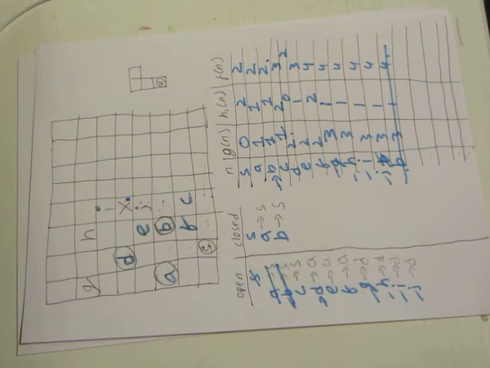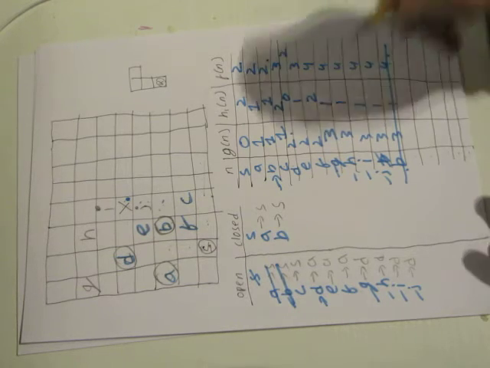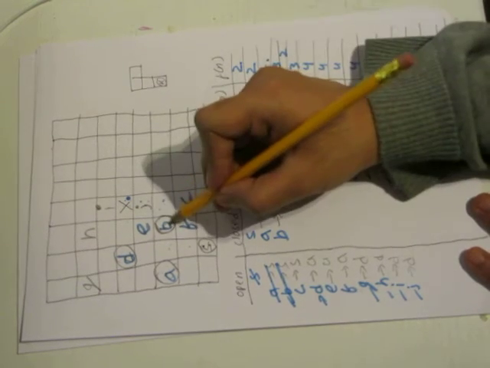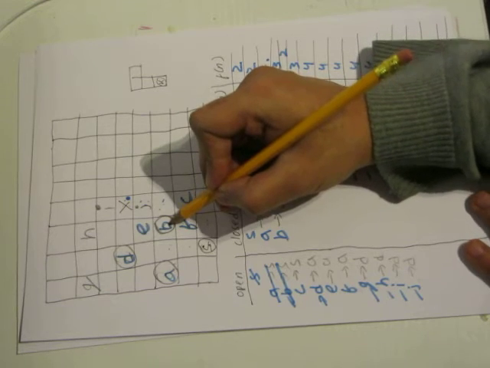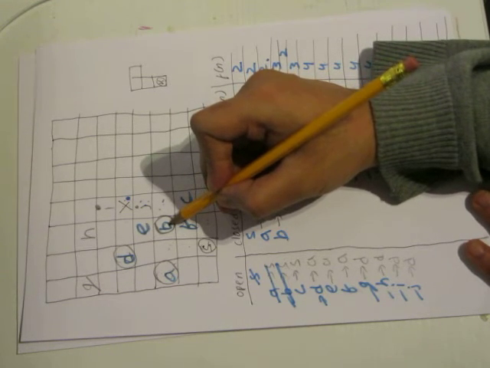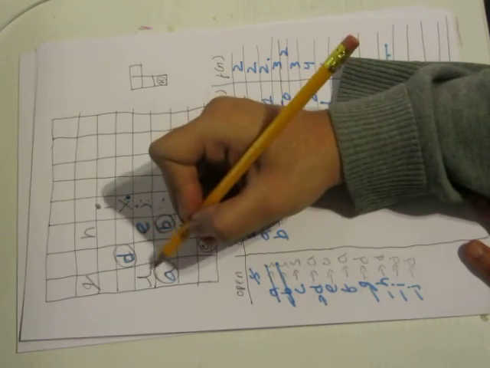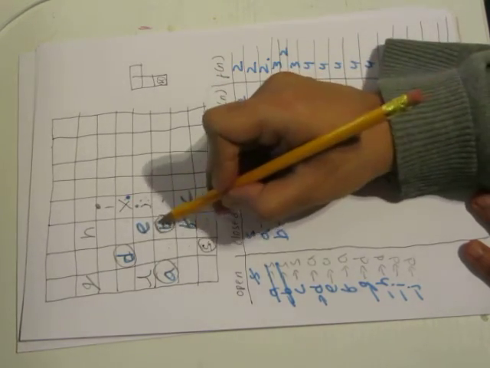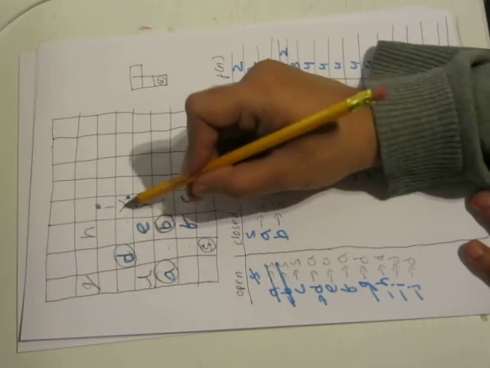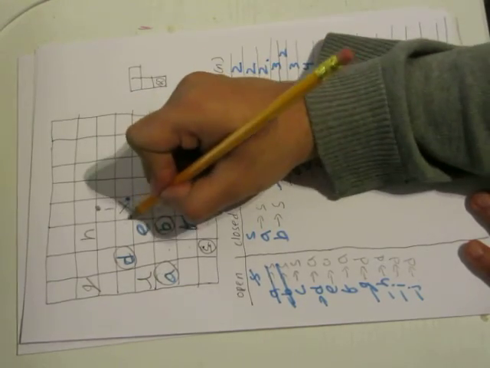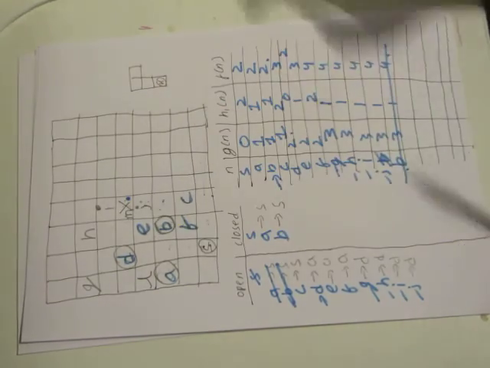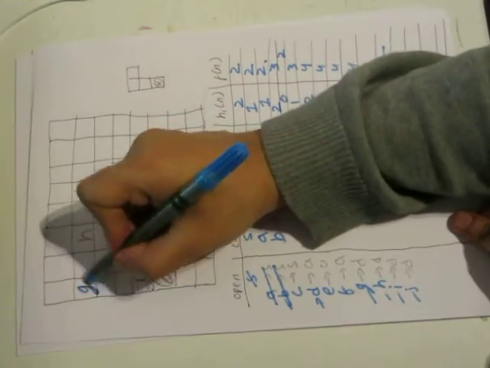Okay, now let's expand. It's the same process again. So we expand B. Possible moves: we can go here, L, then M. First, just not to be confused, I'll make it bold.